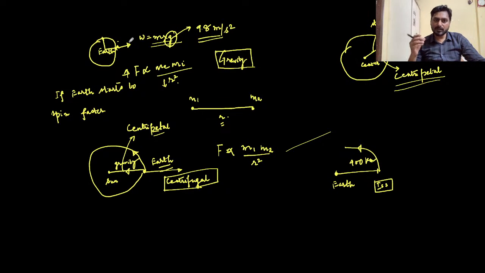So the gravity will be countered by the centrifugal force, and because of that, a person will experience what? Weightlessness. It is said that if Earth starts to spin 16 times faster than the present speed, then a person will experience weightlessness even on Earth. Okay, so this is the understanding with respect to rotation.